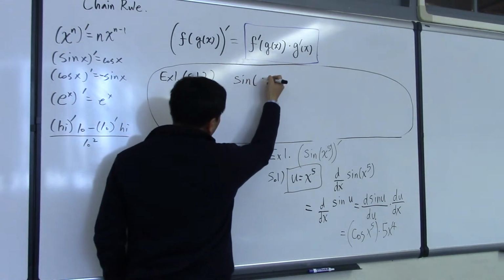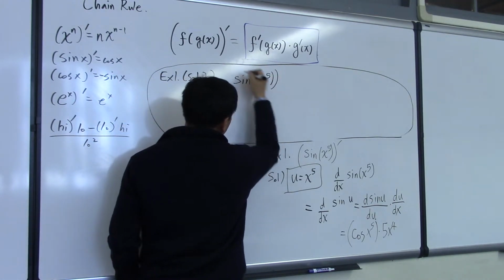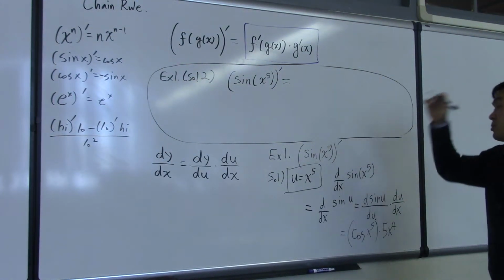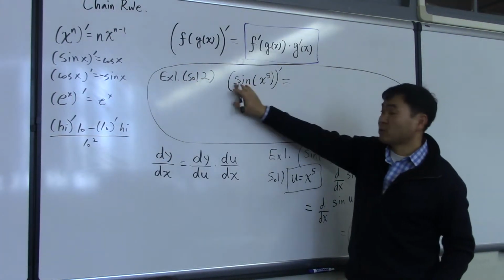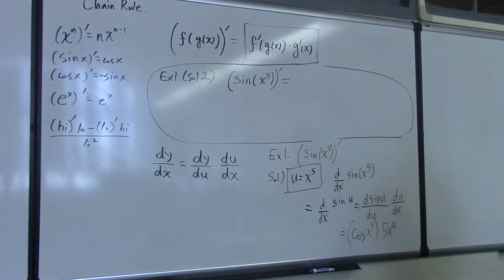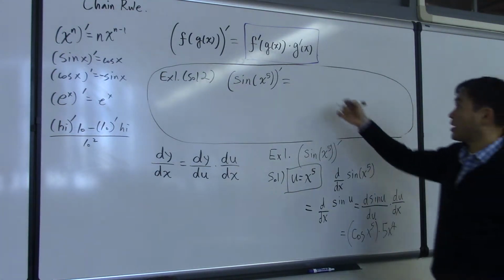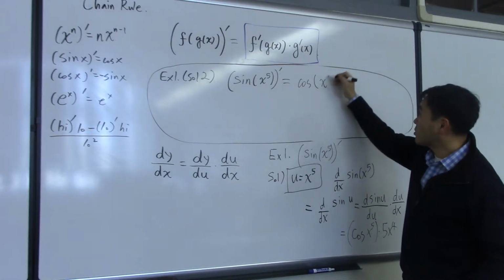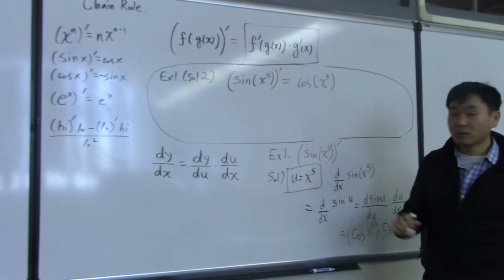Sine of x to the fifth power. The derivative means you have to first differentiate the outside function. What's the derivative of sine? Cosine, right? Leave the inside untouched, so it's x to the fifth, untouched.